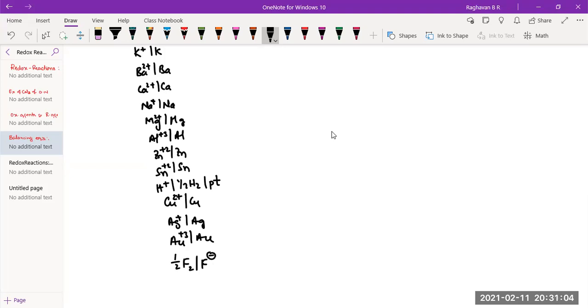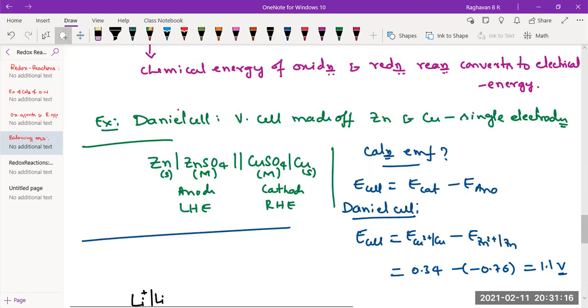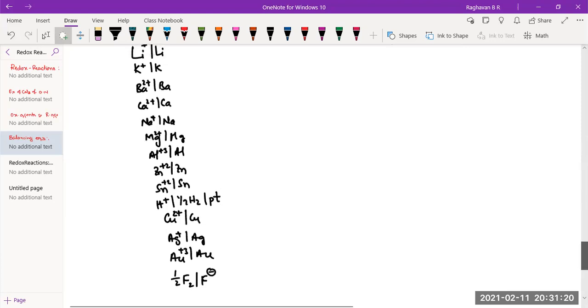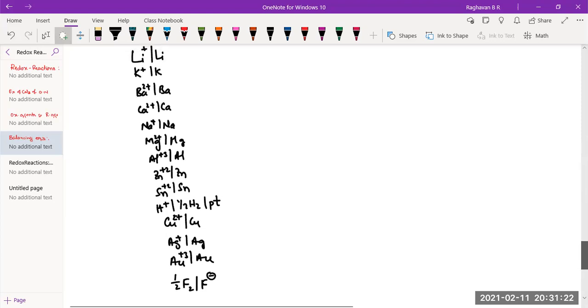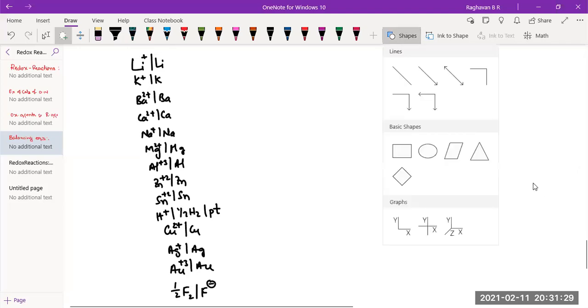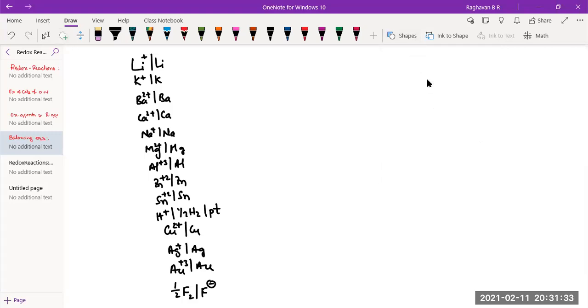See, in every case we have written ion bar atom, right? For fluorine, we have written atom bar ion. Why so? Anybody? Why didn't we write F minus bar F? Any reason for that? Sir, it's a strong oxidizing agent. So what?